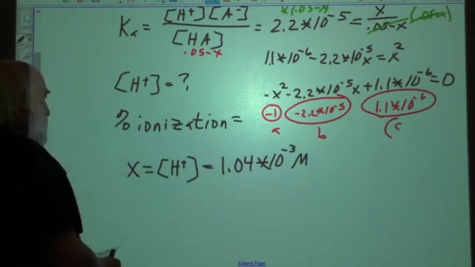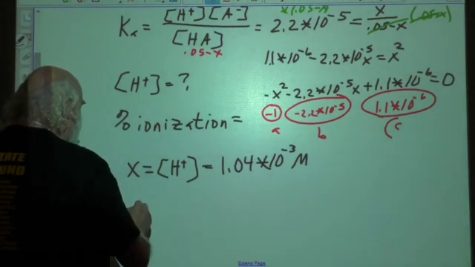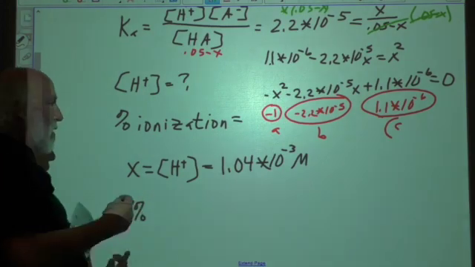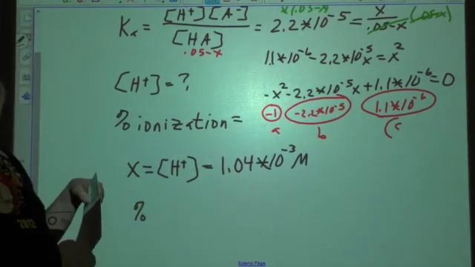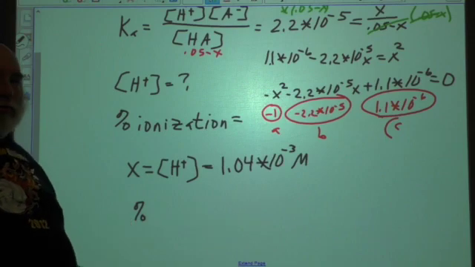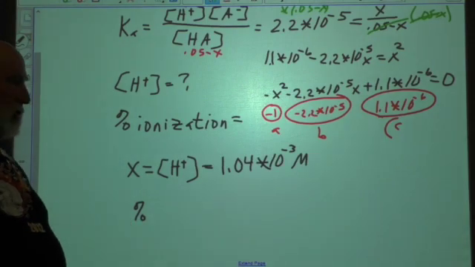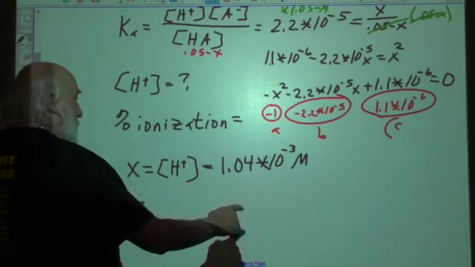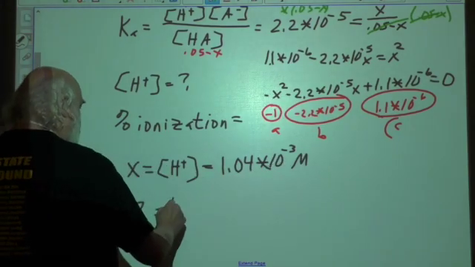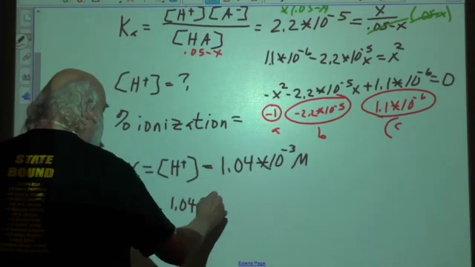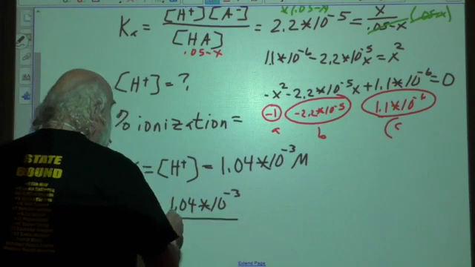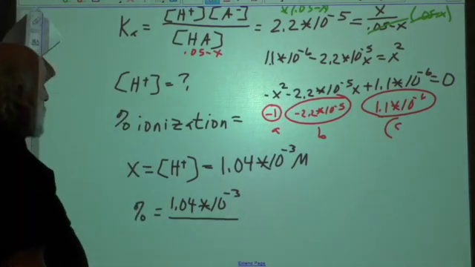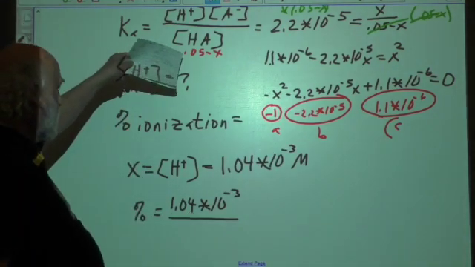Alright, percent ionization. What that means is what percent of the original concentration of reactant you had actually broke down, percentage-wise. So this is what we ended up with, divided by what we started with, 0.05.